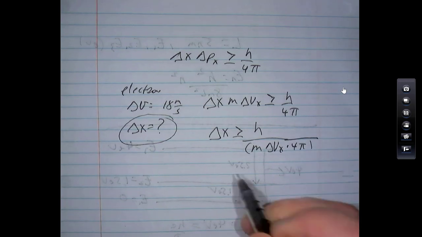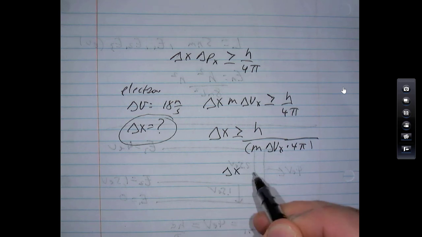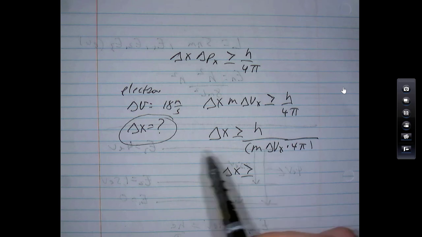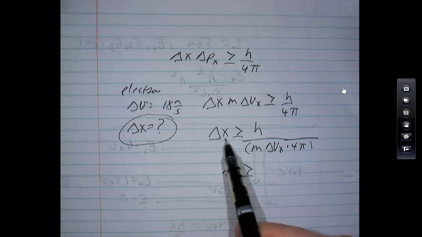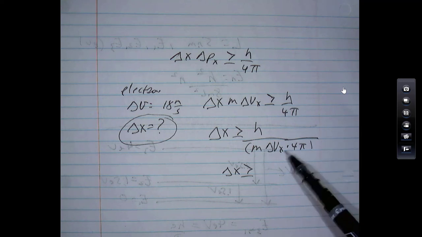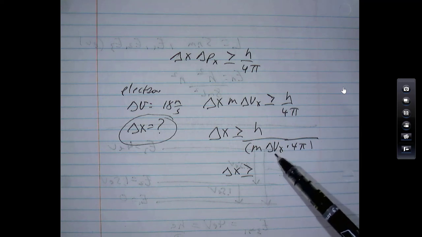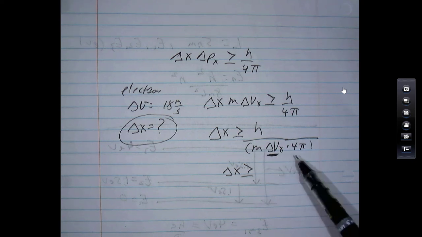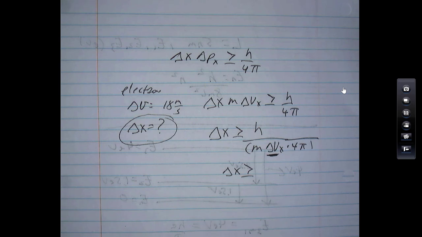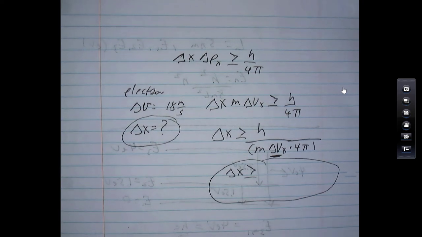So then this will give you the minimum uncertainty in where it's actually confined, the uncertainty in x here. If you look at it, the smaller and smaller you make this, mathematically speaking, the larger you're going to make this. So put the numbers in there, and you'll get the uncertainty in the position.